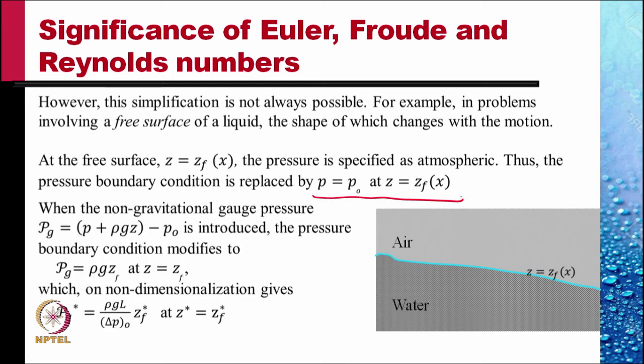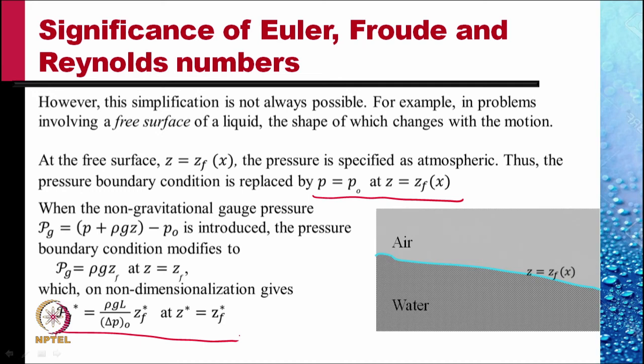When the non-gravitational gauge pressure, script P gauge, is introduced, the pressure boundary condition in this case is modified as P gauge is equal to rho G ZF at Z is equal to ZF, which, non-dimensionalized, gives this.